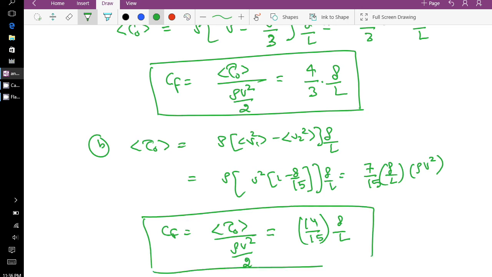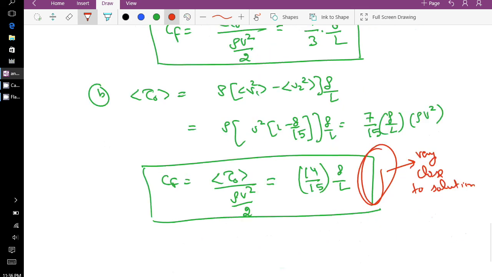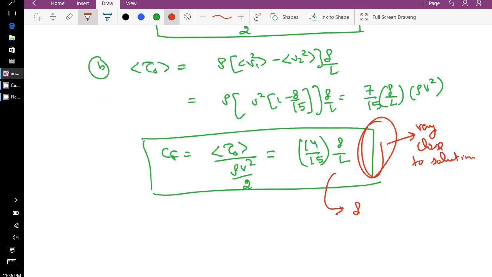And actually both these answers, specifically this answer, is very close to the actual solution. I want you to recall that we discussed this in the lecture. The delta by L scales as Reynolds number to the power of minus half.